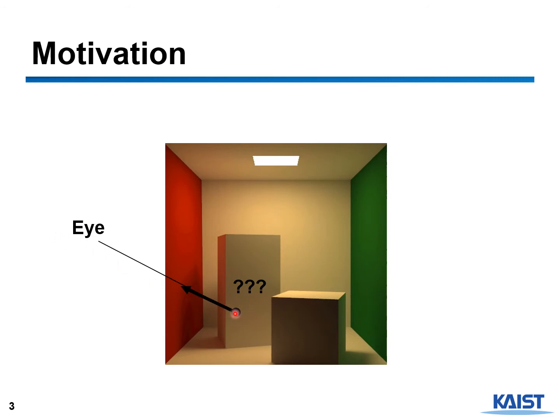To answer that question, we need to know how much energy we can see from that point to that direction. Once we know that energy, based on that energy we can compute the color, the level of the illumination, and that's the radiance.